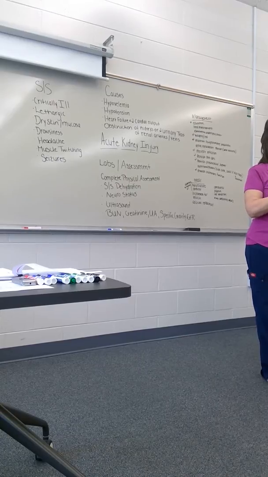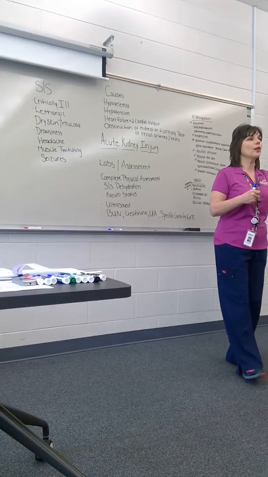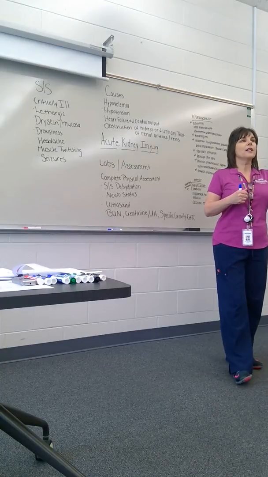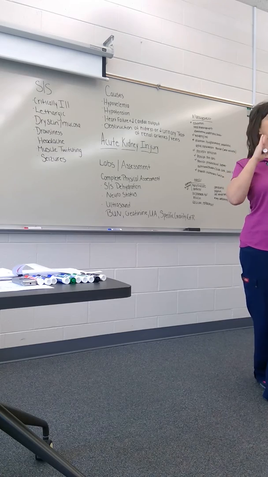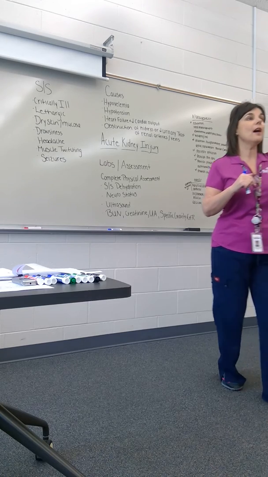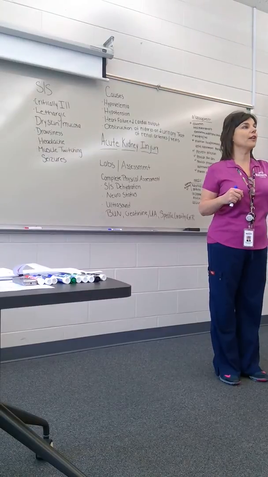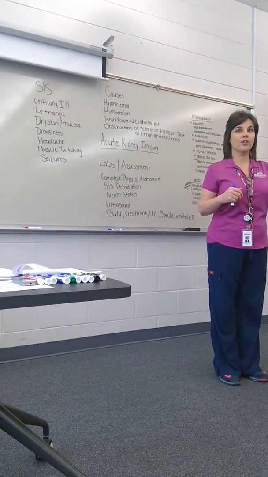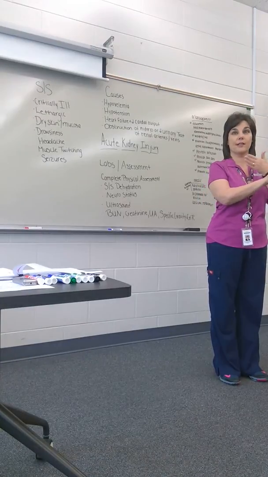Sometimes our filters are not very good. When we think about a filter, I like to use analogies a lot of times because it helps me remember things. Think about your window at your house. Does everybody have a screen at your house? You've got a filter to keep bugs outside.